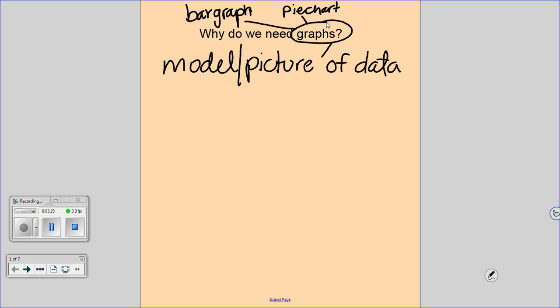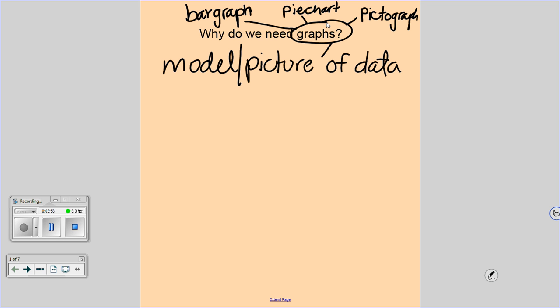We are going to talk about this kind of graph today, and it's called a pictograph. Make sure you have the examples and what a graph is in your notebook.